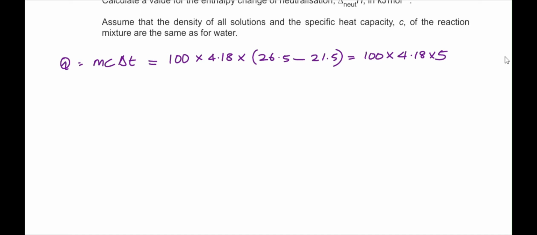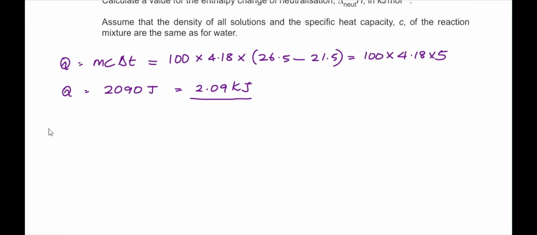So 50 cubic centimeters plus 50 cubic centimeters is 100 cubic centimeters, equal to 100 grams, times C, which is 4.18 for water, times the delta T, which was 26.5 minus 21.5, and that is equal to 100 times 4.18 times 5. That gives us a Q of 2090 joules, which is equal to 2.09 kJ.